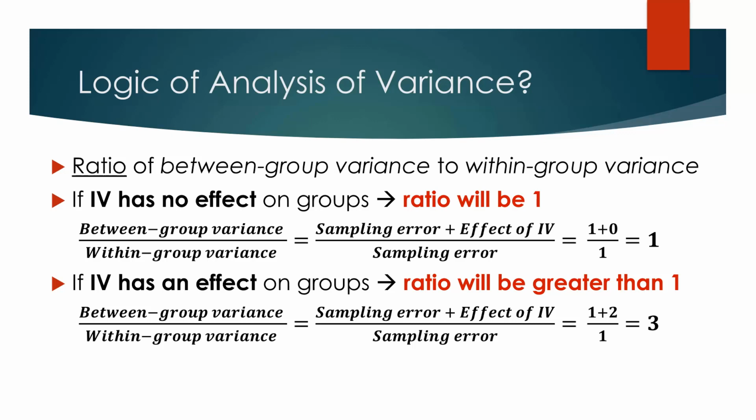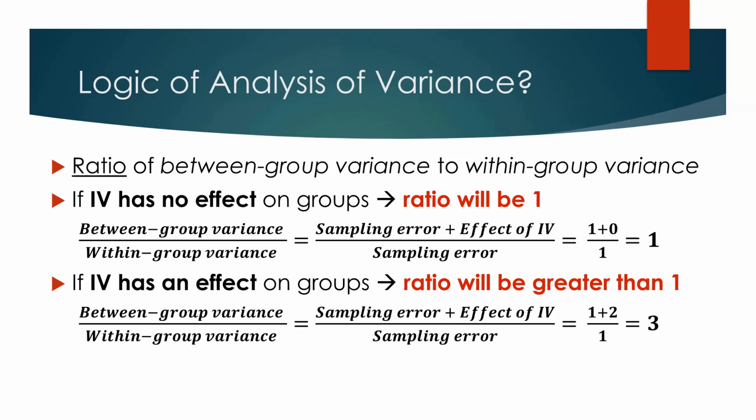Between group variance, remember, is sampling error plus the effect of the independent variable, and within group variance is just sampling error. Let's say you calculated sampling error in some data and you got exactly 1, a nice clean number. And let's say you also calculated the effect of the independent variable and the effect was 0, indicating that there is no effect.